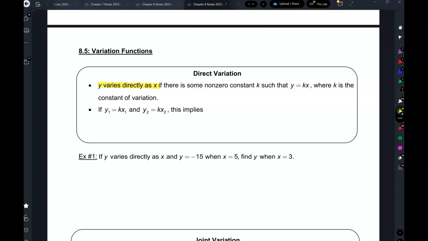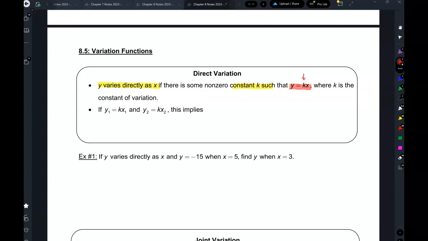And what does that mean? If there is a constant K such that Y equals KX. Let's take a look at this. Y equals KX. Here's X, here is Y. If I multiply X by 3, what will happen to Y? 3 times bigger.